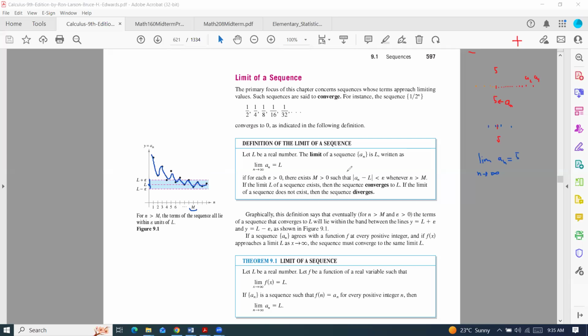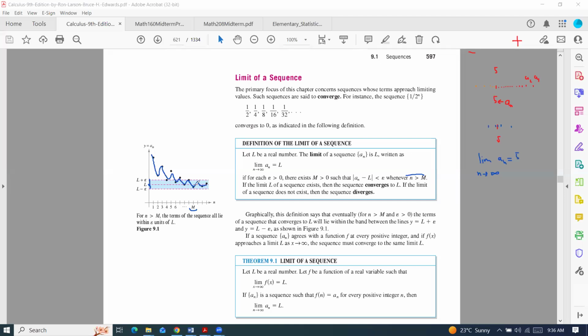So that's how they describe it with inequalities. They say starting from term m, capital M, for all terms larger than that particular term, maybe 1,000, maybe a million, whatever, there's some term m. All next terms of the sequence are going to be lying within the tube.